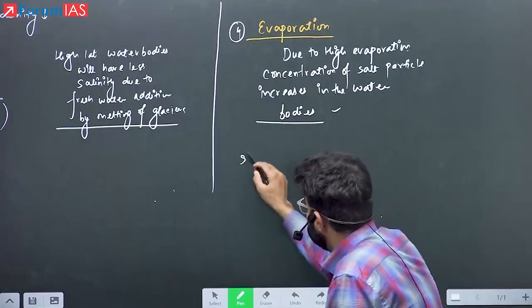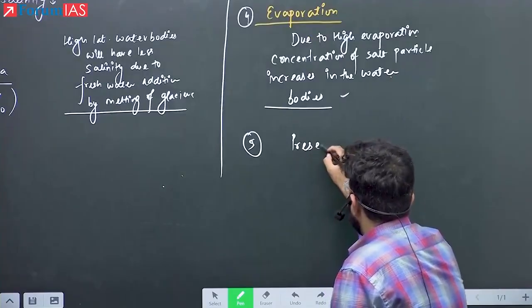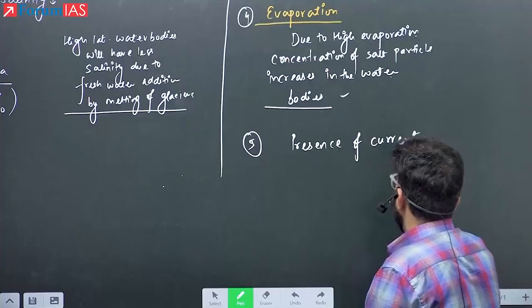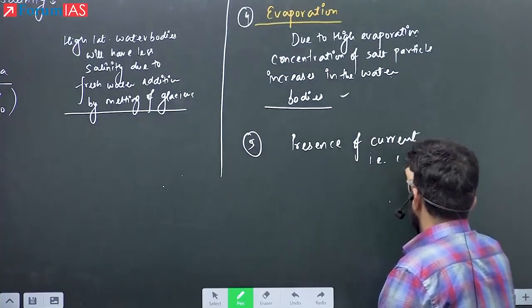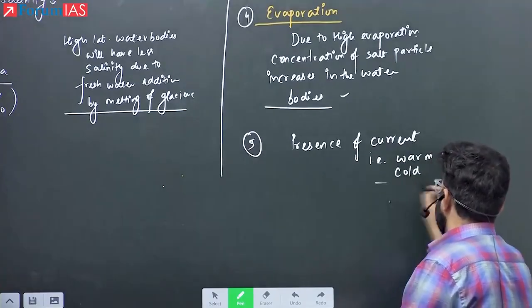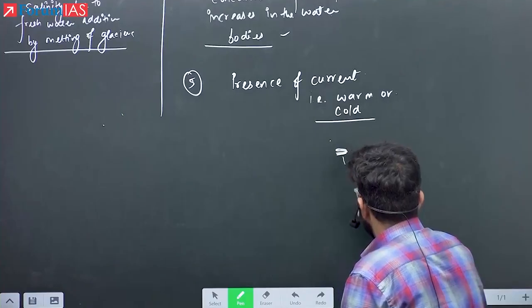The fifth factor, presence of currents, that is warm or cold. I am taking again the same example.